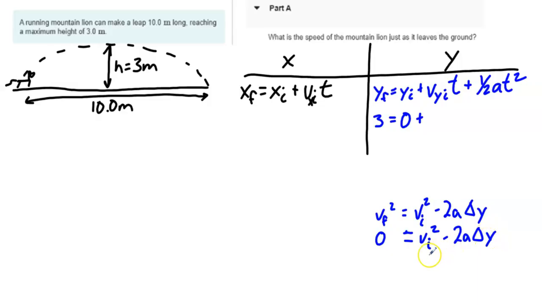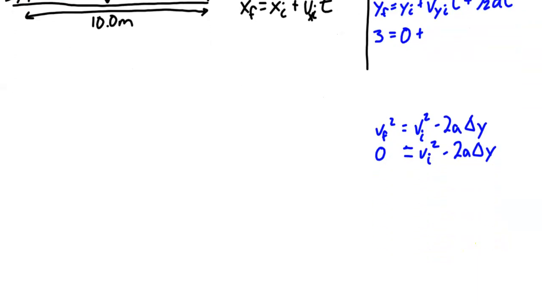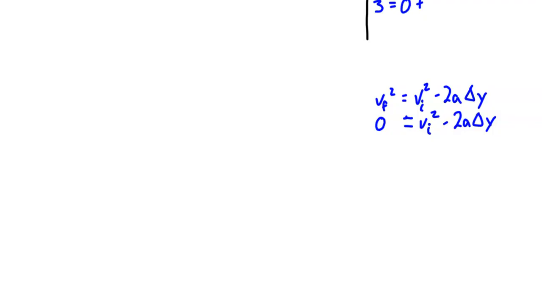However, we do know some other things here, and that is very good. So algebraically, I'm going to go ahead and move vi squared over to the other side. It'll be negative, so it's negative 2a delta y. So the negatives will cancel out, or you can divide both sides by negative 1 and remove the negative, leaving a delta y.